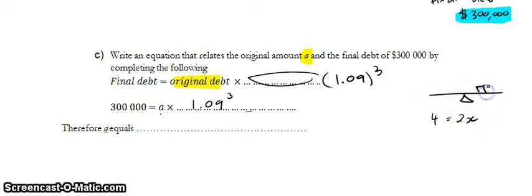I've got two groups of x, that's x, that's x, and this is 4, and it's balanced. Okay, they equal the same thing. Think of it as weights. Now, how am I going to find out what 1x is?